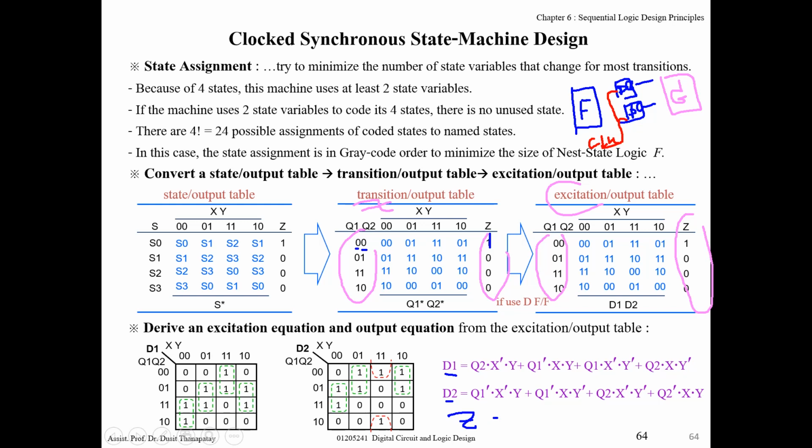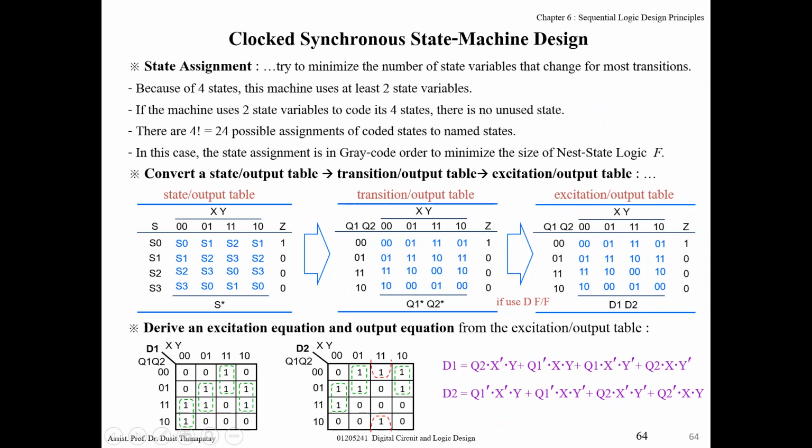That means output Z is Q1 prime and Q2 prime. That's all. So you can draw the circuit diagram for output logic G. Now you can complete the state machine for this example.